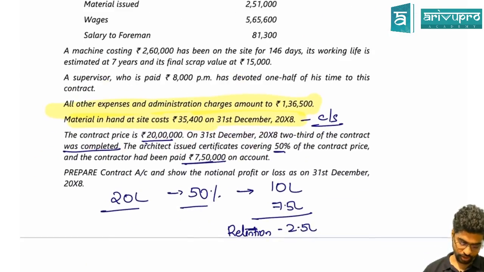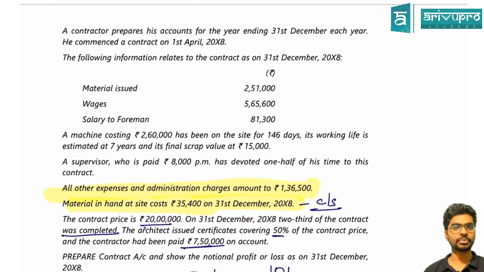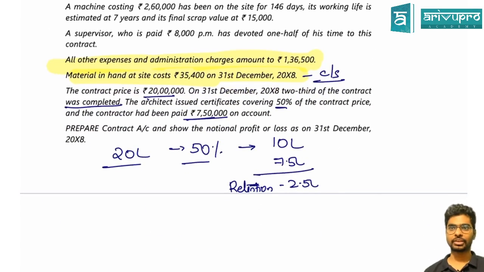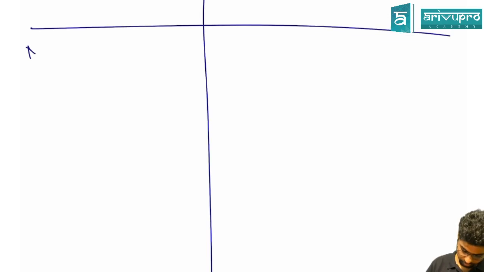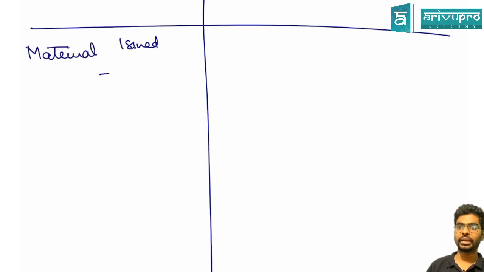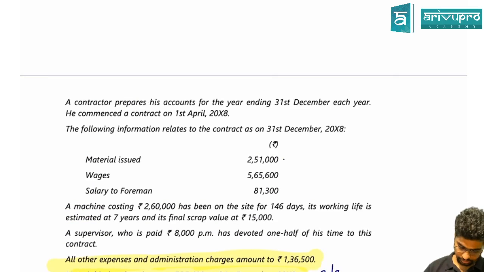Let me do the contract account. Guys, I hope you have the PPT shared. So you can just start telling me the values of it. Material issued 2,51,000. Done. Next one, wages 565,600.